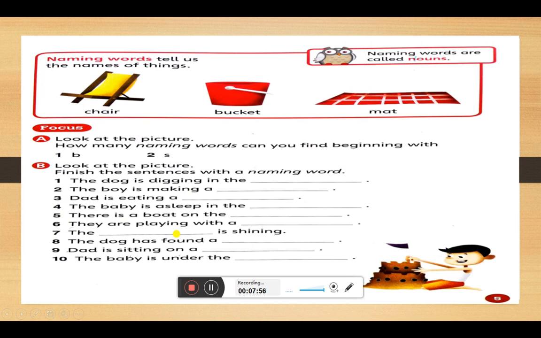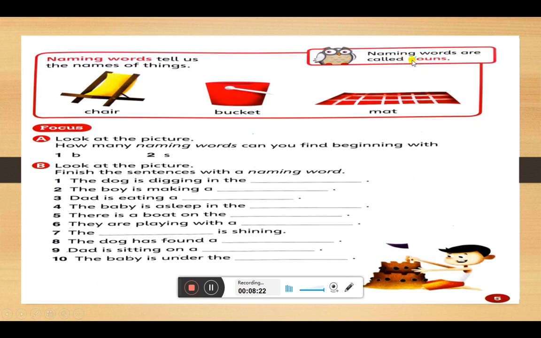So now let's look at page 5 of the same unit. We have naming words tell us the names of things. And we have our friend here, the owl. Hello, owl. What do you have here? The owl is telling you that naming words are called nouns.